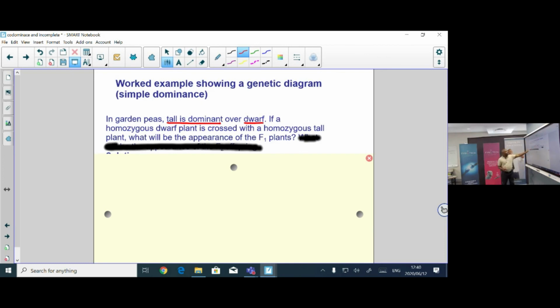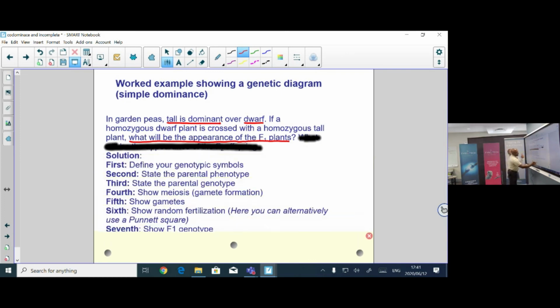If a homozygous dwarf plant is crossed with a homozygous tall plant, what will be the appearance of the F1 plants? It's difficult to just tell me the appearance will be tall or dwarf. You need to do a genetic diagram. So copy this question. We'll start with it on the next lesson.